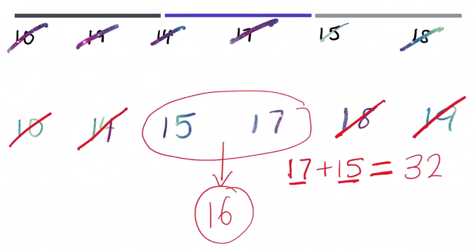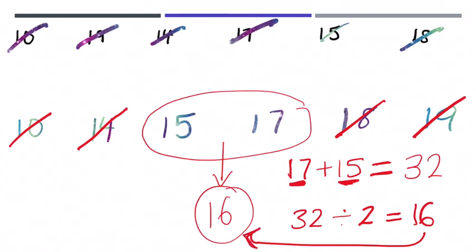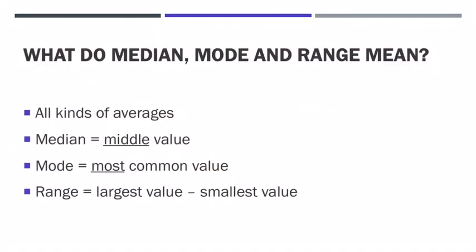Now if I divide 32 by the number of values, which is 2, 32 divided by 2 is 16. So it's the same answer that I showed you here, and that's the way we find it. We find the mean of the two middle values. So that's the median. Okay, remember it's the middle value.